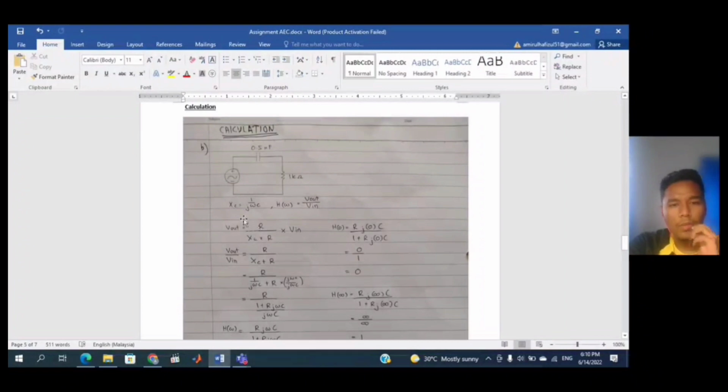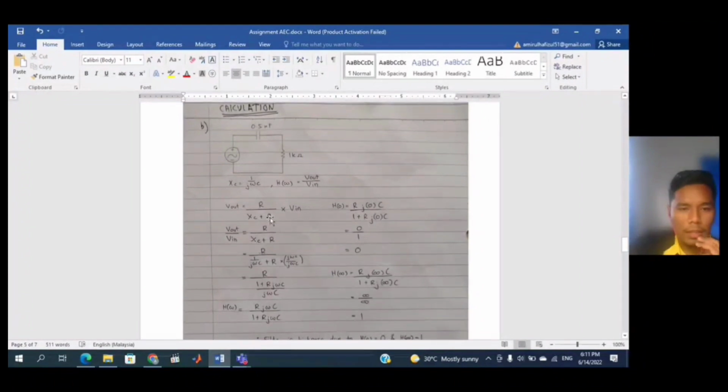Firstly, we must find V out over V in using the voltage divider rule: V out equals R over 1 over SC plus R, multiplied by V in.